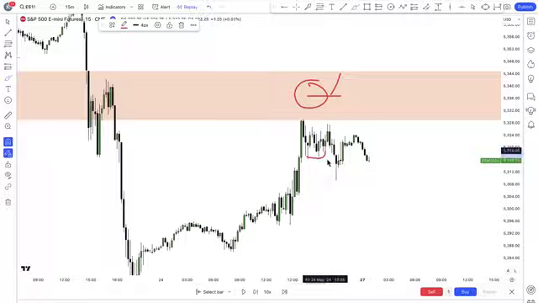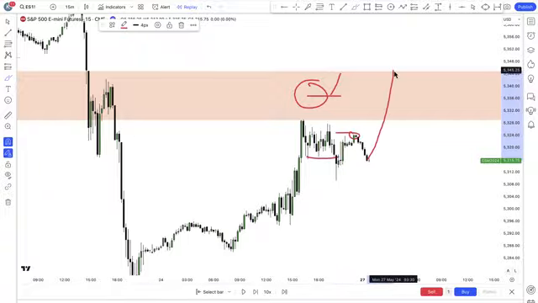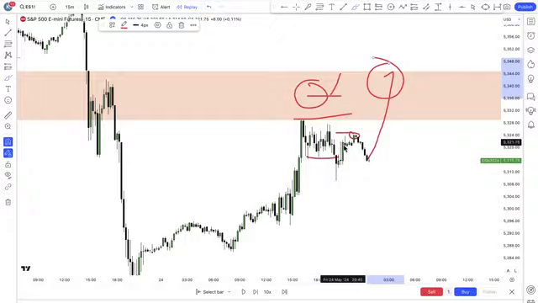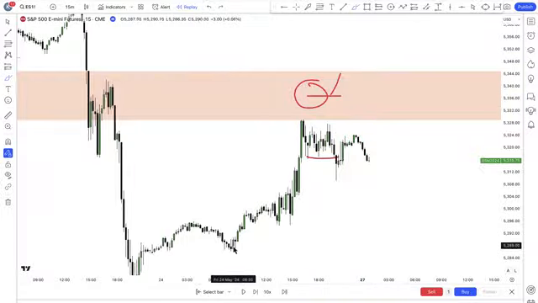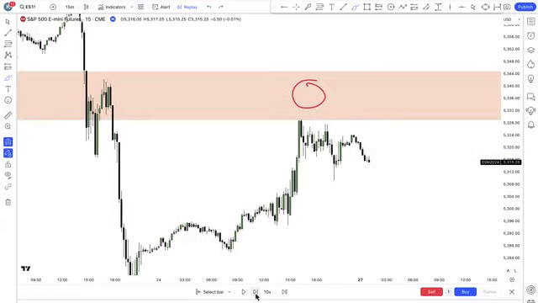Because I can see this as a shifting structure, I may take this trade, which may cause an inducement for me. Price may decide to print upward into the point of interest that I marked from the higher time frame. So if that is the case, then I will watch and see.